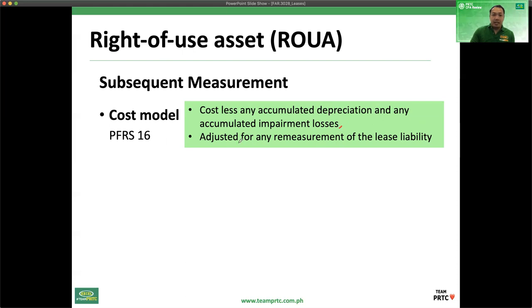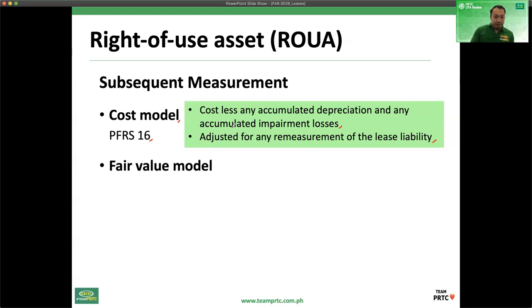However, it is adjusted for any remeasurement of the lease liability. Remember that the lease liability is included in the cost? Okay. So when that liability changes, the right of use asset is also adjusted. So the carrying amount of the right of use asset is affected by the remeasurement of the lease liability. So the cost model here is not the cost model of PAS 16. It is the cost model of PFRS 16. And that's the measurement under the cost model.